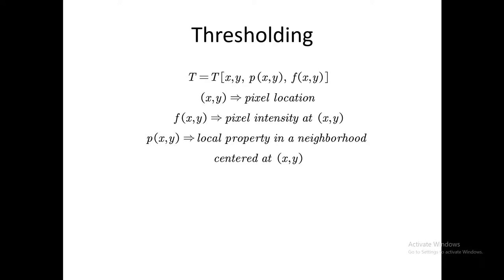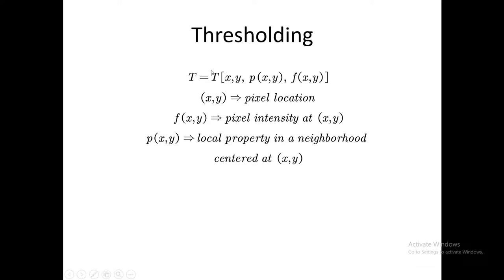Now this threshold operation can be considered as an operation that involves testing against a function T, where this function T is of the form T equal to T[x, y, p(x,y), f(x,y)]. Which means that the threshold operation is a function of (x,y).